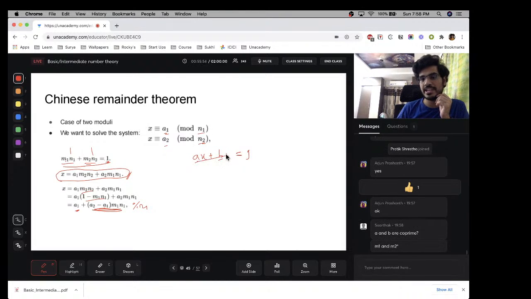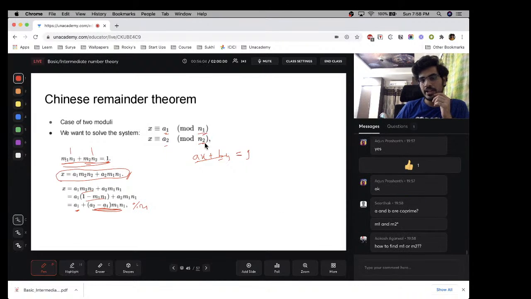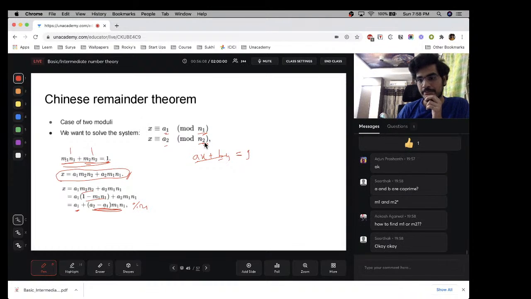In the equation ax plus by equal to g, here the equation is m1 n1 plus m2 n2 equal to 1. n1 and n2 are coprime, not m1 and m2. How to find m1 and m2? We just discussed Euclid's extended algorithm, Akash. You can go back in the video and watch that.